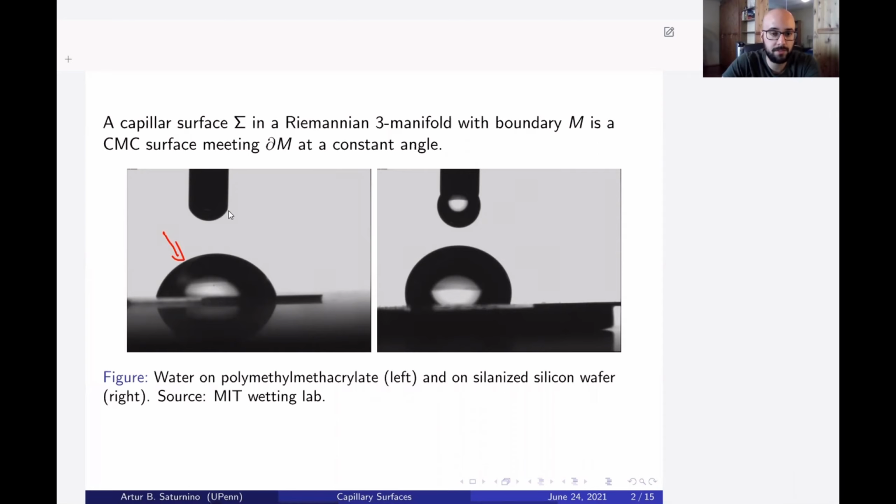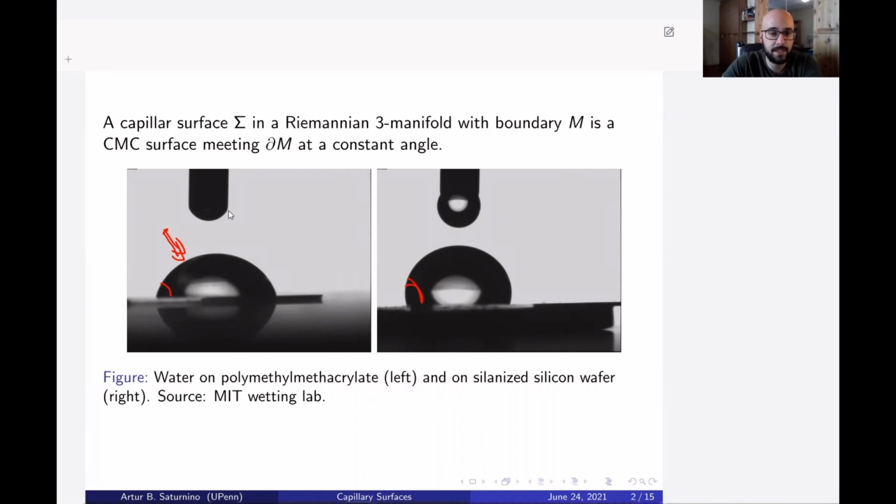Whenever you have a system with liquids, gas, and solids, and we discount gravity, what we have is a capillary surface. So it meets this solid at a constant angle, and it has constant curvature.